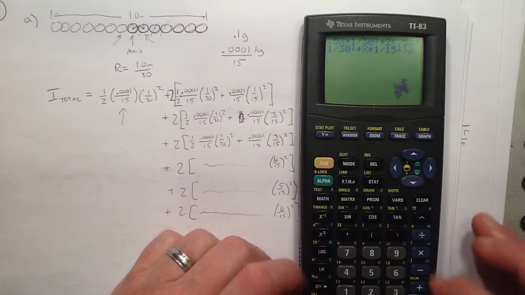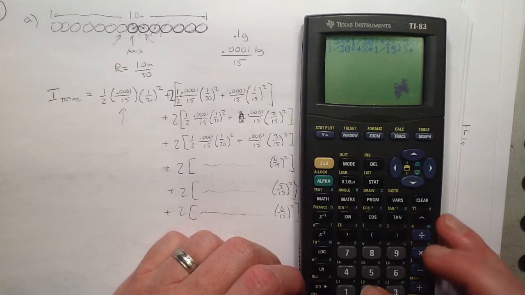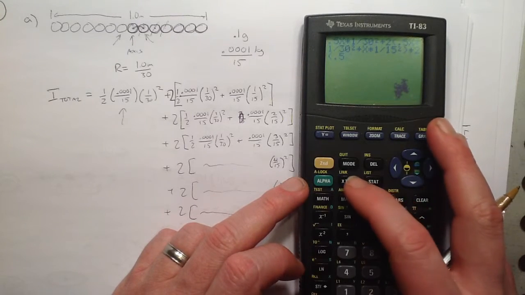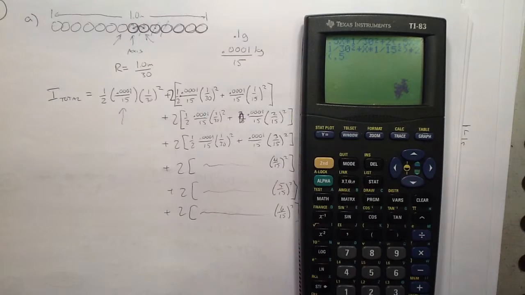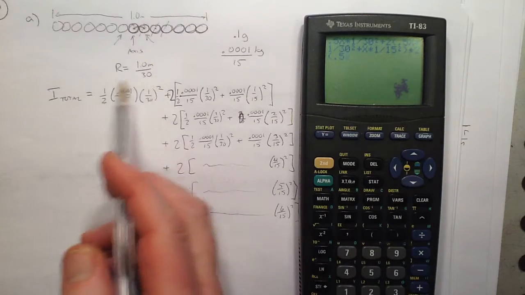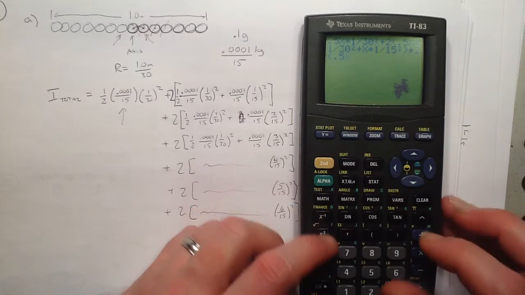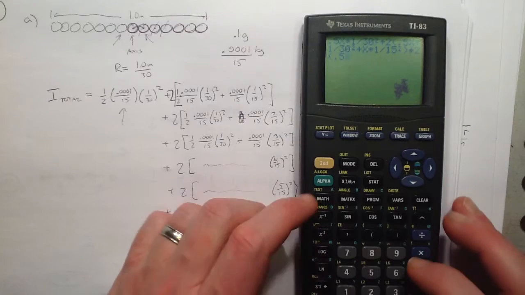That's that one. Plus 2 times 1/2. You know what I should have done? Well, whatever, it doesn't matter. I was thinking I should have just stored that whole thing as x, but it doesn't matter. I'll just finish doing it this way.